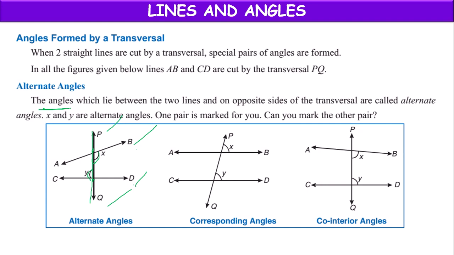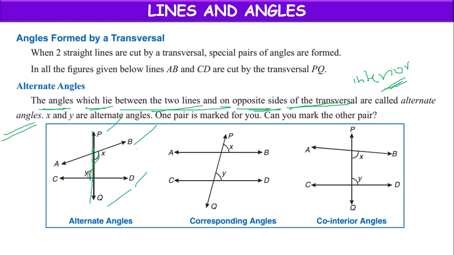It means the angles which lie between the two lines and on opposite sides of the transversal, in the interior region, are called alternate angles.